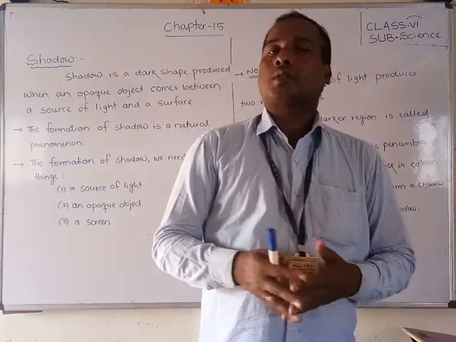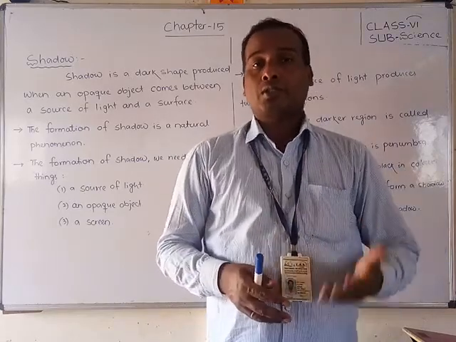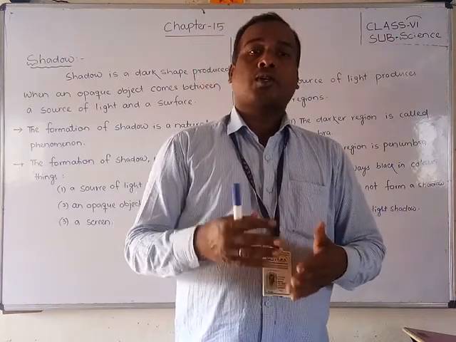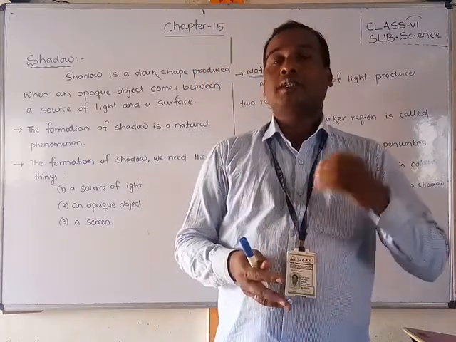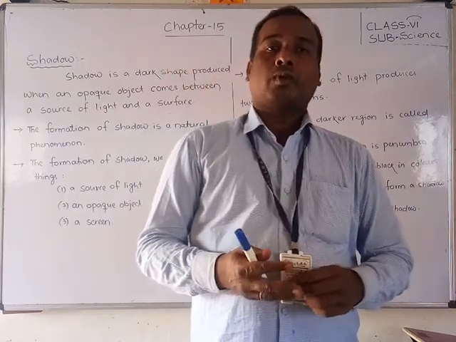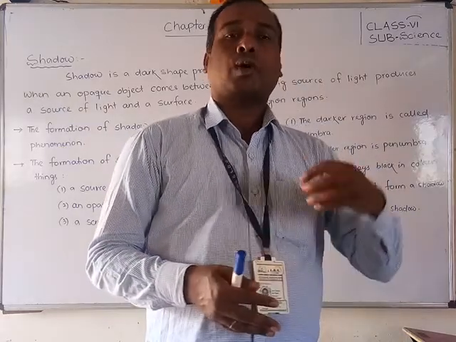Let us discuss what a shadow is, and what the main things responsible for making a shadow are. Three things are needed. One is a source of light, from where we get the light, which is very important. The second is an opaque object.